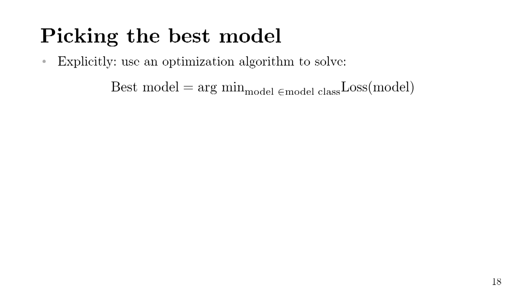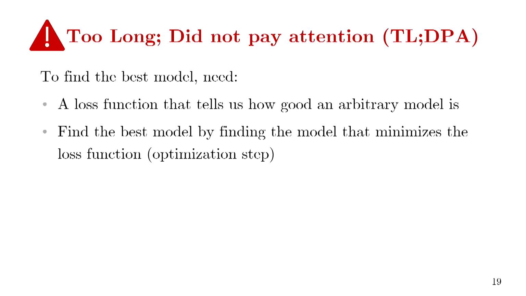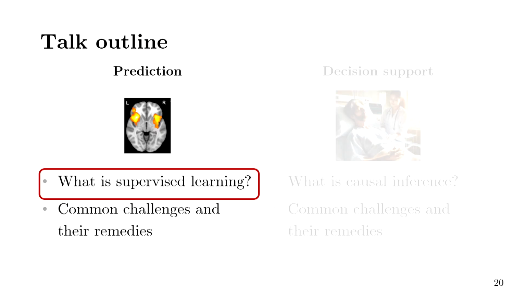This optimization algorithm just says, find me the best values for my matrices such that my loss function, so how bad my model is, is minimized. I want the best possible model by minimizing the loss function. This one was short, but what we just covered is, in order to pick our model, we need a loss function and we need an optimization step. That's sort of how we get from data to model.